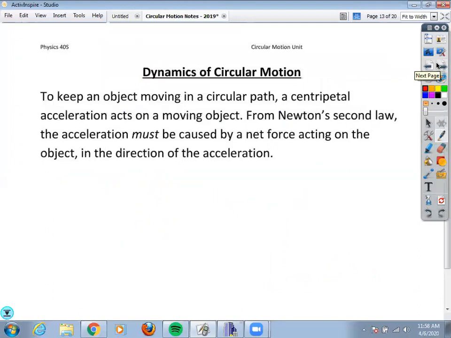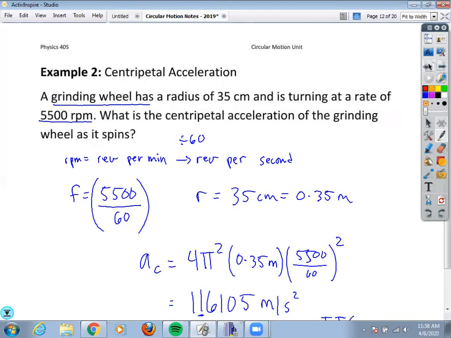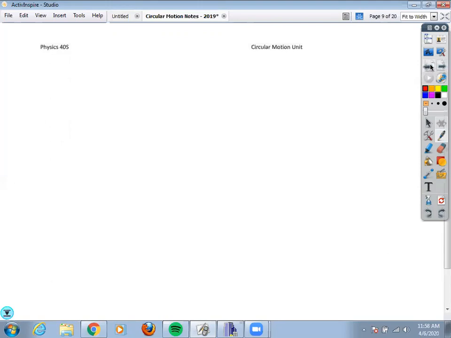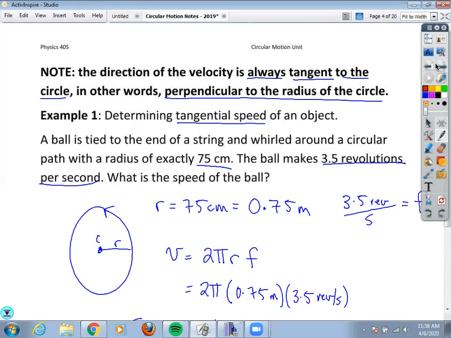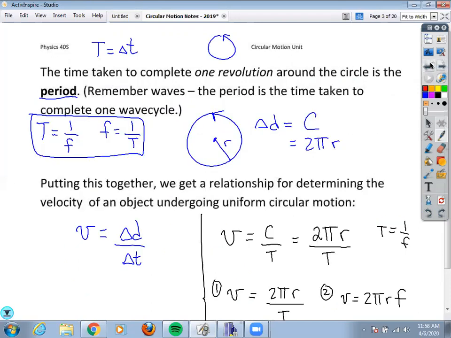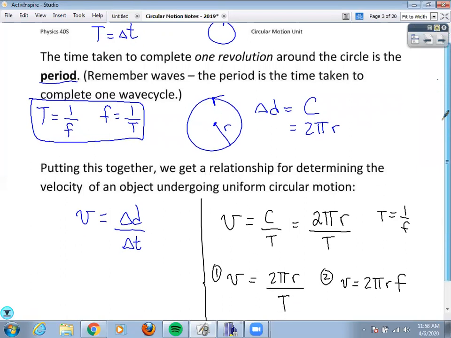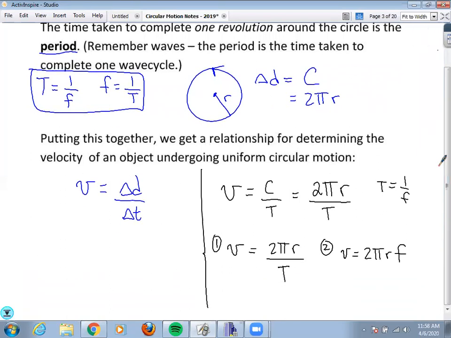For today, I'd like you to review what we've gone through with the kinematics of circular motion. Look at this as a recap. Important definitions: number 1, tangential speed, 2 pi r divided by the period of the object moving around the circle, or 2 pi r times the frequency.